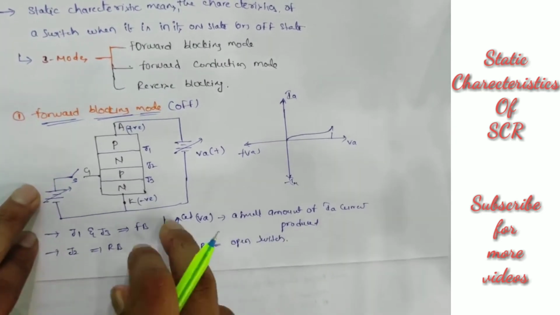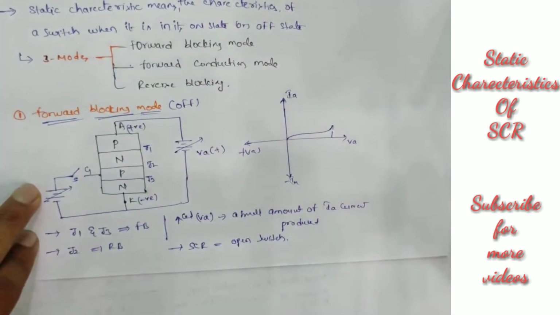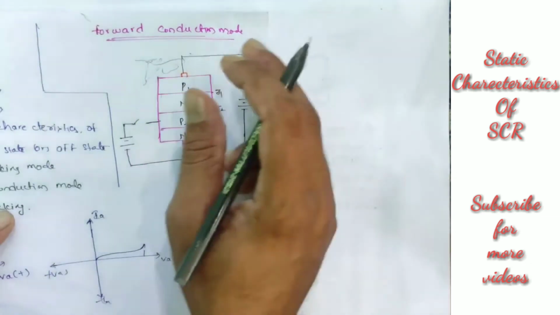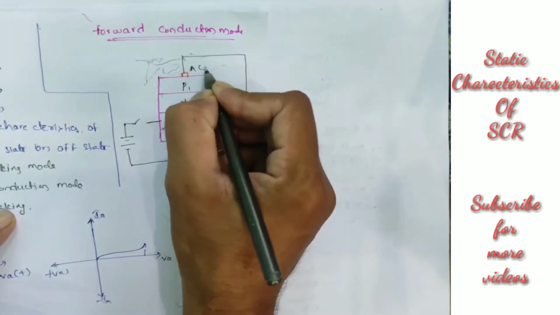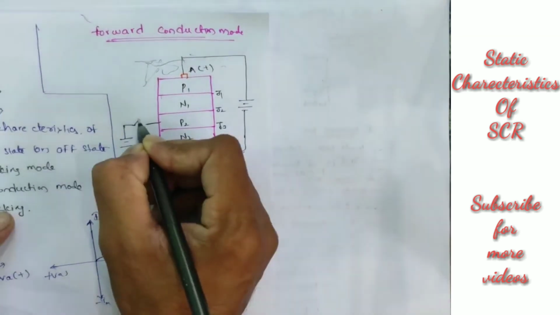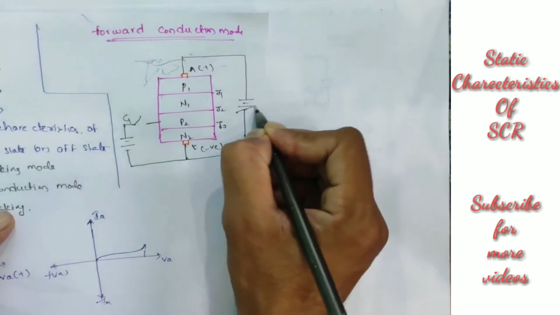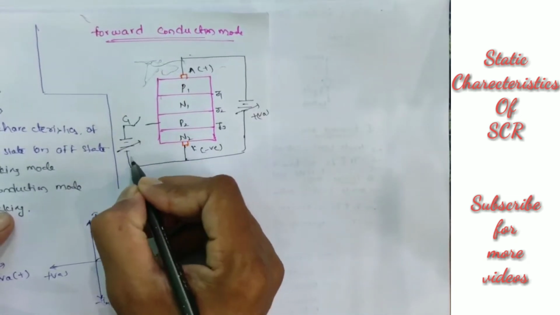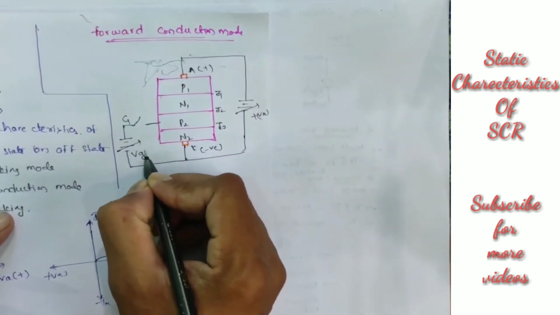Then we will discuss the forward conduction mode. This is the structure of forward conduction mode, where the anode is positive with respect to the cathode, that is, the cathode is negative. Here we have the gate terminal. This is the positive VA, and here we have the voltage across gate and cathode.